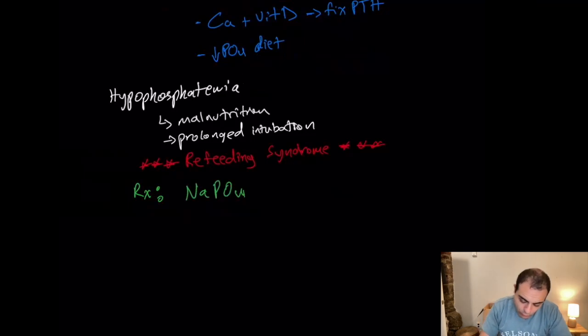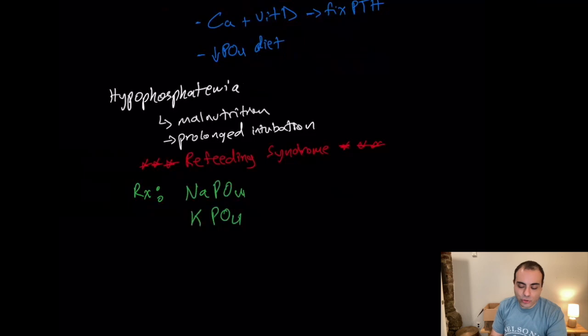Or you can give what we talked about earlier, potassium phosphate, okay? So I tend to think that potassium phosphate, so K-phos, is not as good, is not as elegant to use as sodium phosphate.